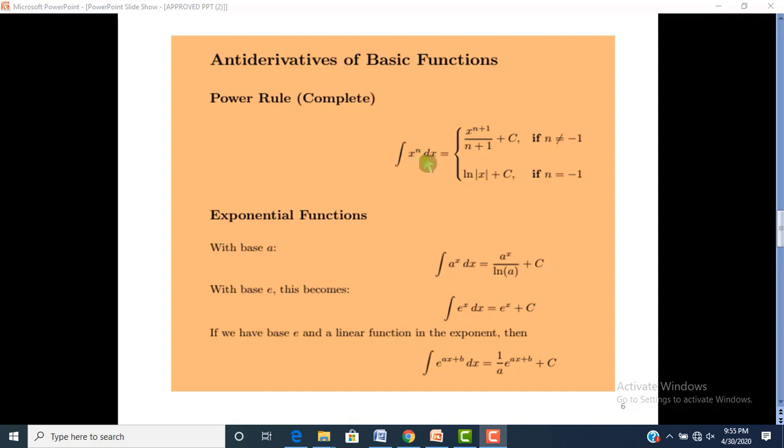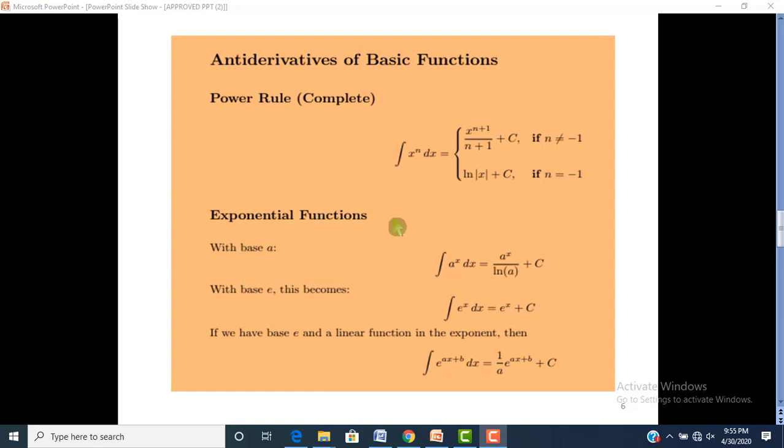So the solution will be x raised to power n plus 1 divided by n plus 1 plus integration constant c, if n is not equal to minus 1. And if n is equal to minus 1, then we will take the natural log x plus integration constant c.